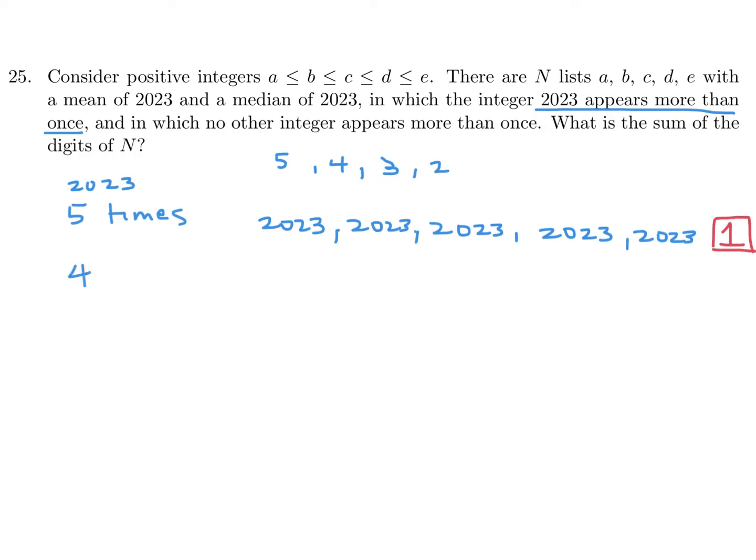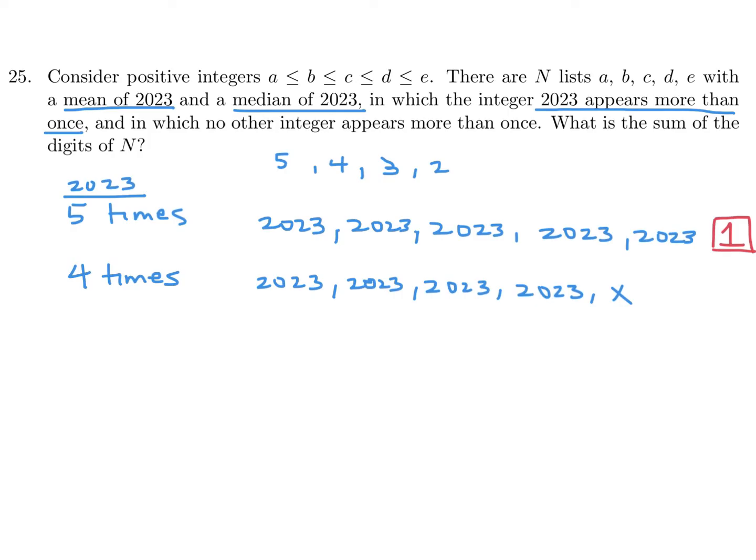Now let's say 2023 appears 4 times, then we have a scenario where you have 2023, but then you got one other number that we don't know what it is yet. So I'll just represent that as x. Now, the mean has to be 2023 and the median.